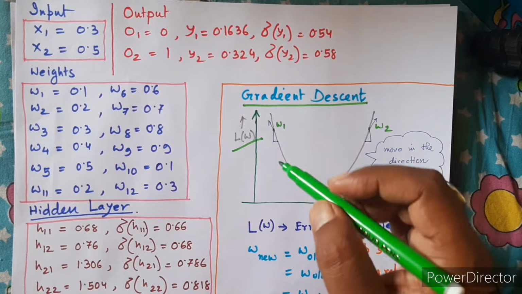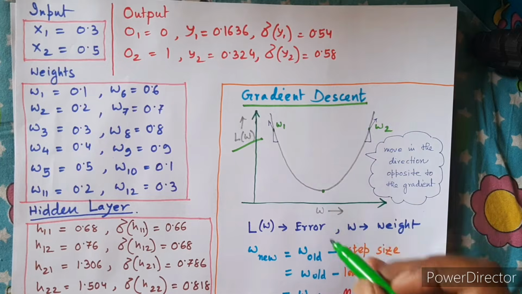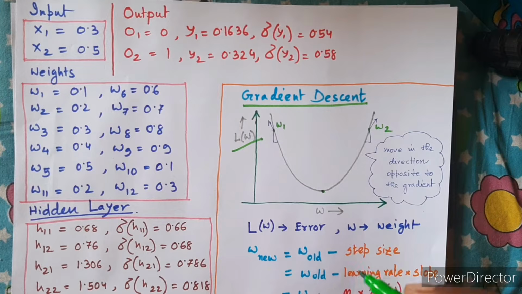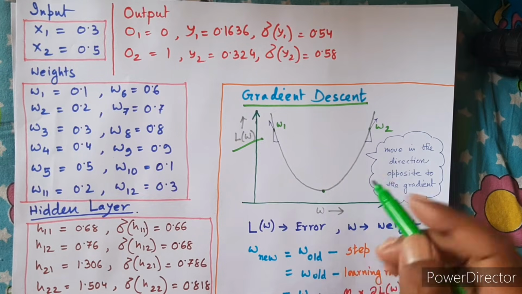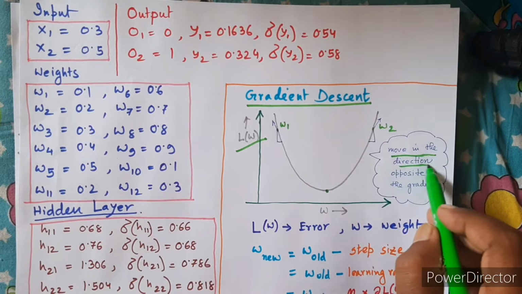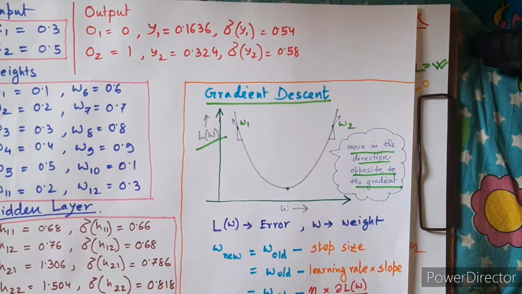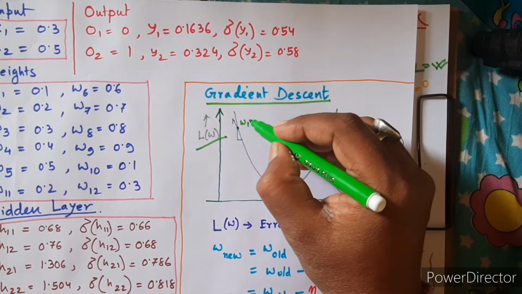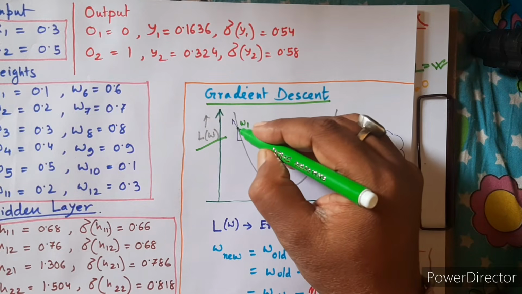So if we plot this in a 2D graph, you need to reach this point where there is no slope. So you need to move in the direction opposite to the gradient, right? So here if you start, if you have some W value at this point, where do you need to go?